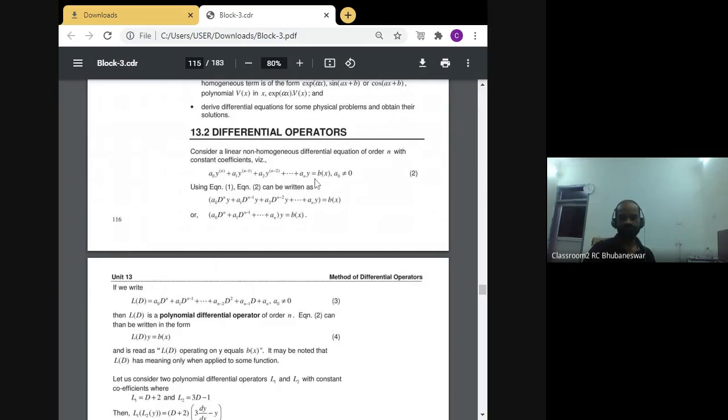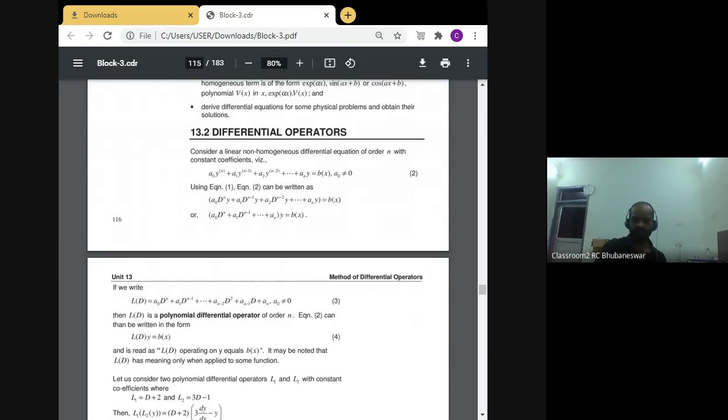Clearly this is a non-homogeneous differential equation of order n. The nth derivative of y can be represented as D to the power n y, and the n minus 1th as D to the power n minus 1 y. In this way, we can express the left-hand side of the expression in the form of the differential operator capital D, as mentioned earlier in this session.